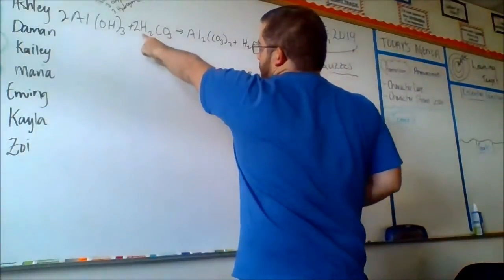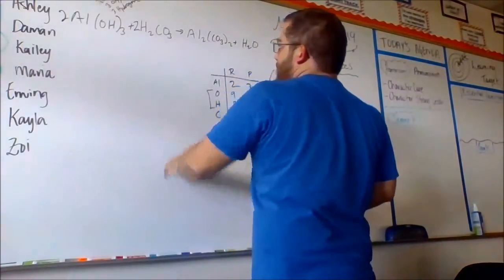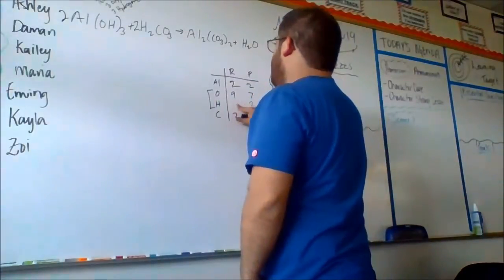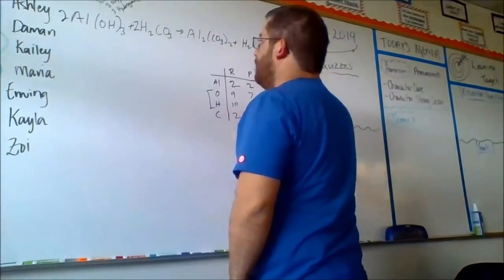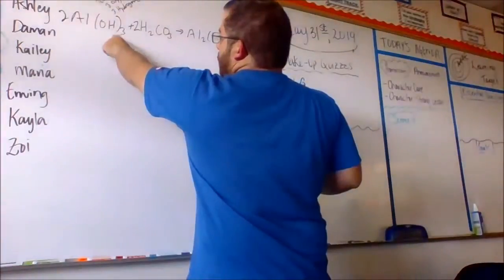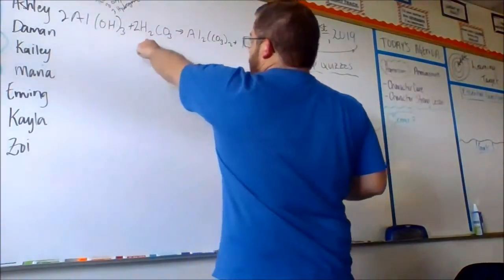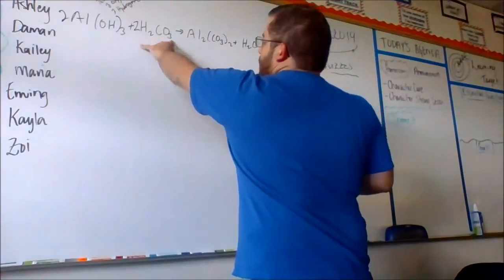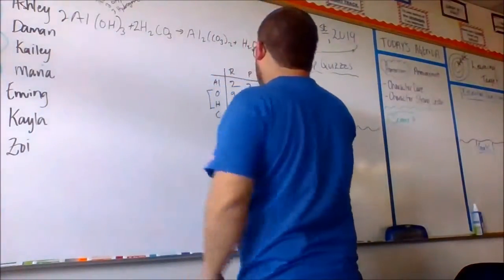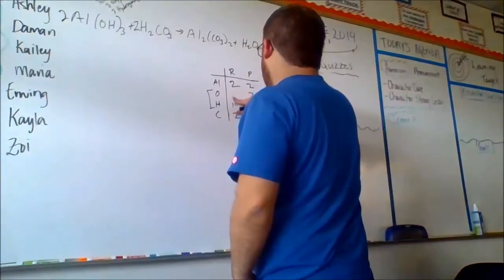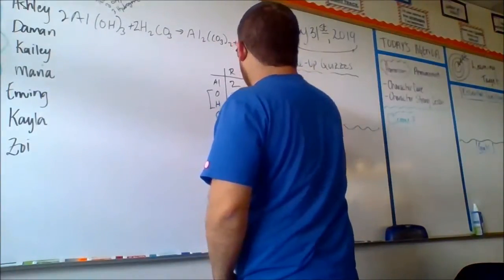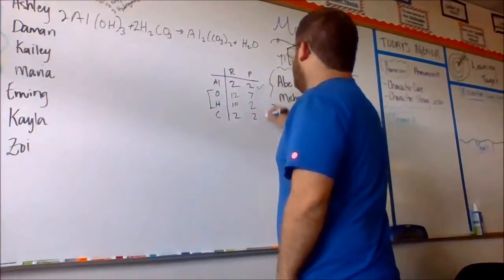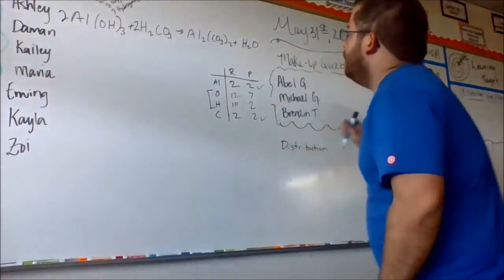But you've also just added 2 more hydrogens. So this is now 10. Let's double check real quick. You have 3 there. 3 times 2, that's 6. Plus 4, that's 10. Let's look at oxygens. There's 6 there. There's 6 there. That should be 12. But on the plus side, knock those out.